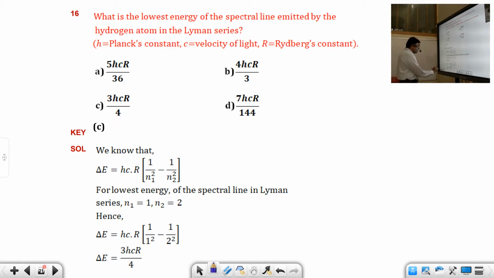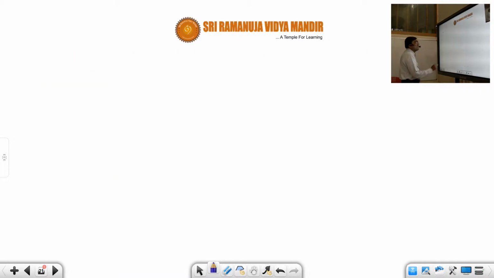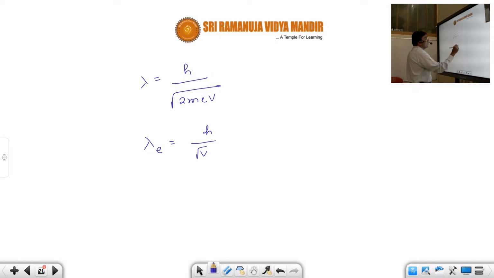Now, lambda is equal to h by root over 2meV. So for an electron it will be as follows: h by root V is constant and root 2me. Try to understand. Mass of the electron is less. Do you agree or not?